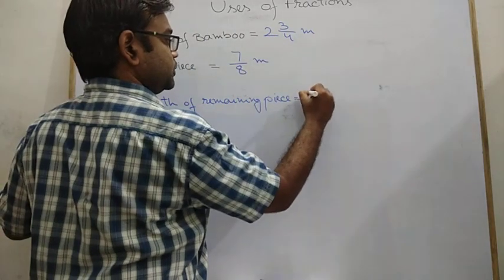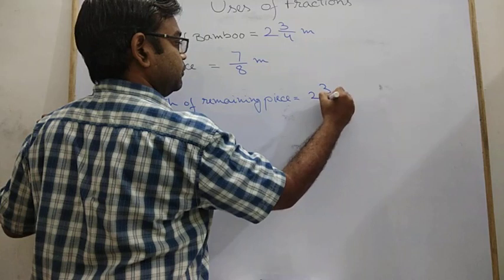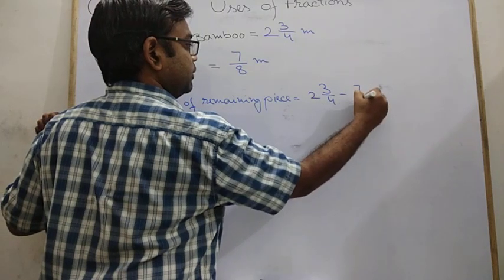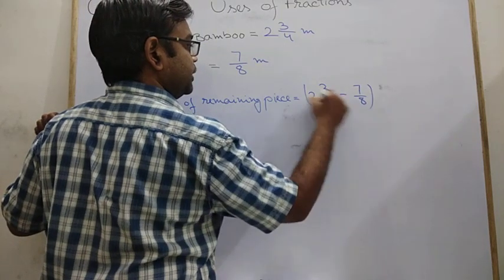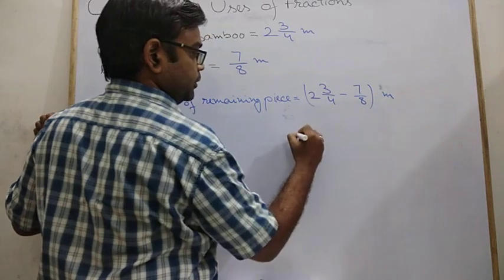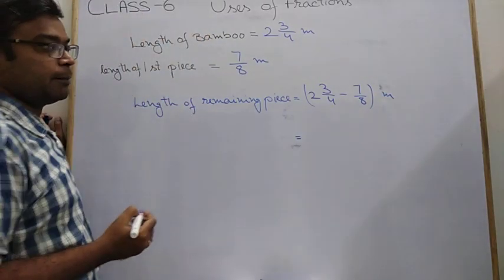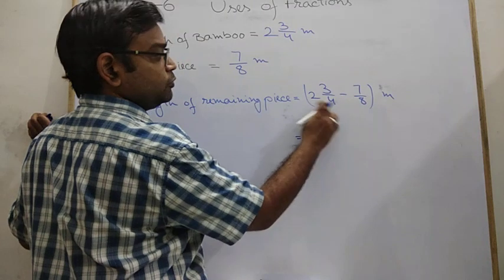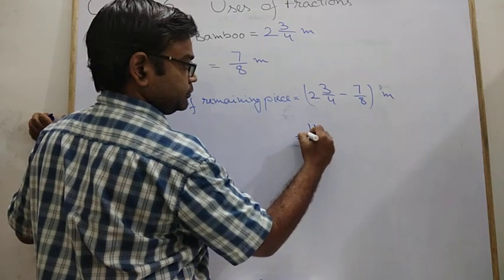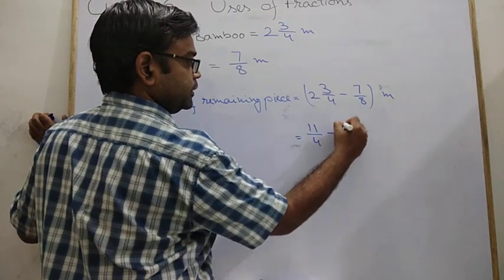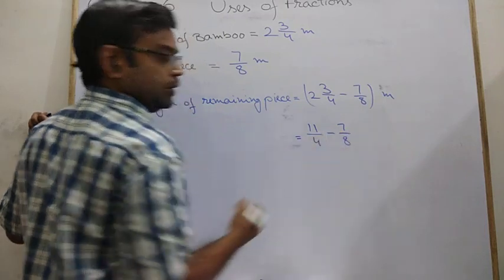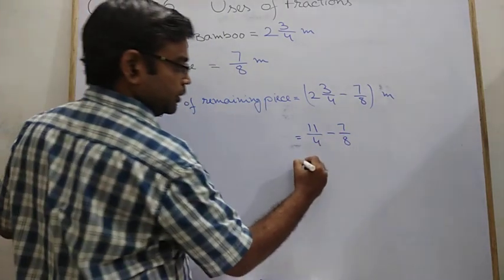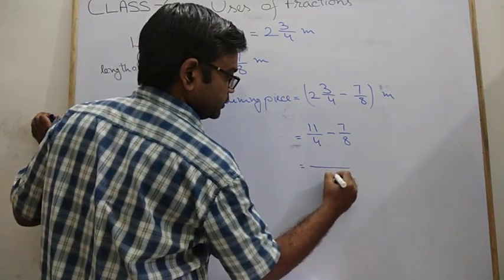So it is 2 whole 3/4 minus 7/8, in brackets, meter. Now we are going to solve this one. 4 twos are 8, 8 plus 3 is 11, so 11/4 minus 7/8. Clear? Now what is the LCM? The LCM is 8.